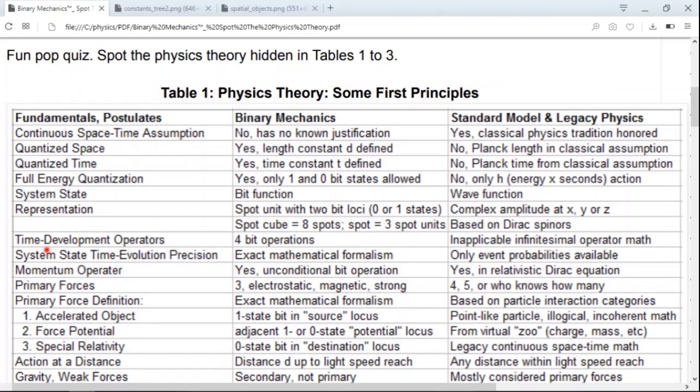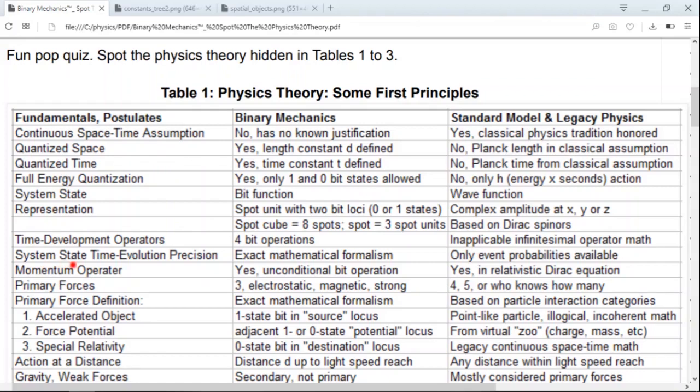Once we define what we have, the system state, mathematically, then we need to determine how it changes over time. In binary mechanics, we have the 4-bit operations. In legacy physics, we have inapplicable infinitesimal operator math. It is inapplicable because we have quantized space and time.